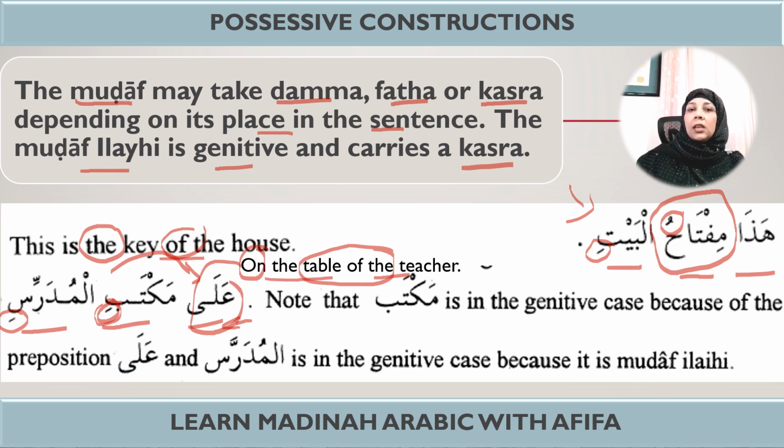So this is table of the teacher, and again the table is definite because the mudaf ilayhi is definite with al. Okay, so we noted here that the maktab is in the genitive case because of the preposition ala, and al mudarrisi is genitive because it is mudaf ilayhi.